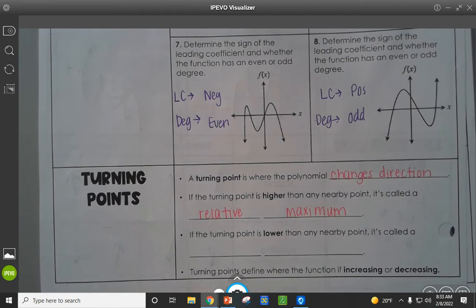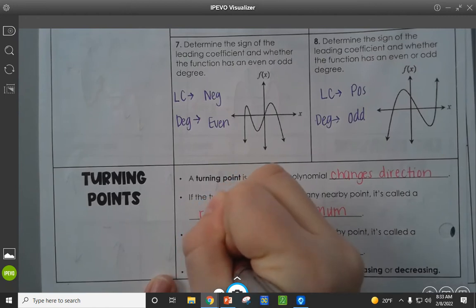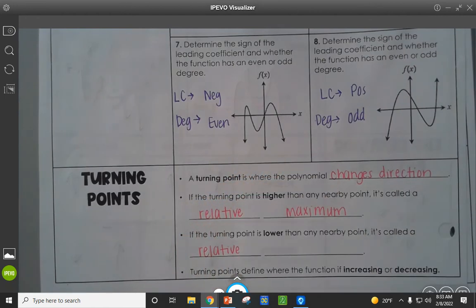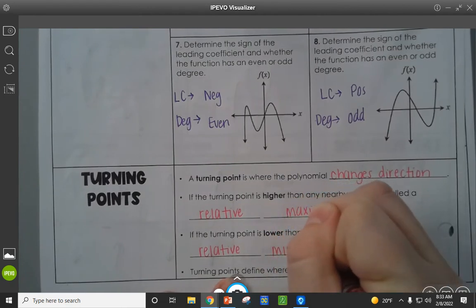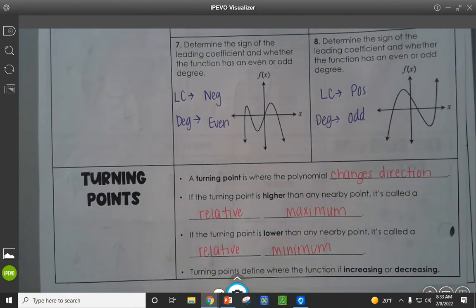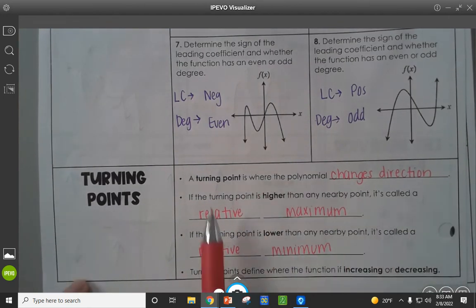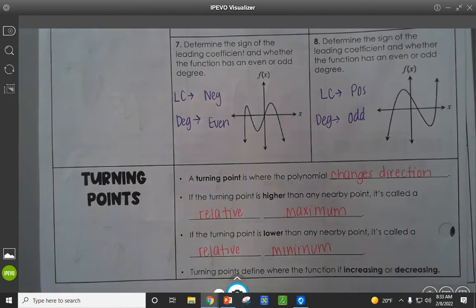And if it's lower, so if it's at the bottom, we call it a relative minimum. And these points become very important for some of the things that we're going to do later on.